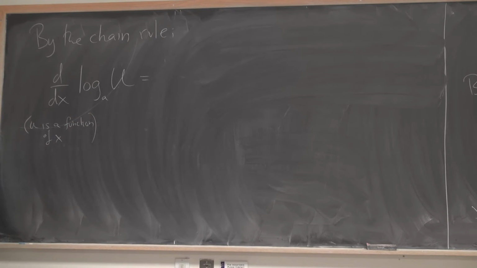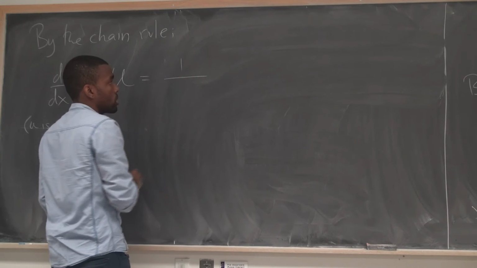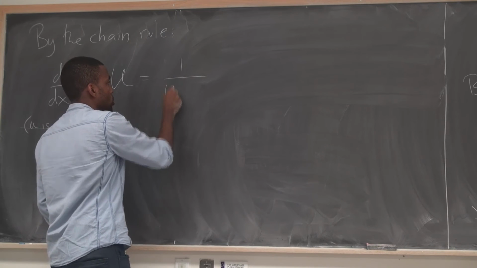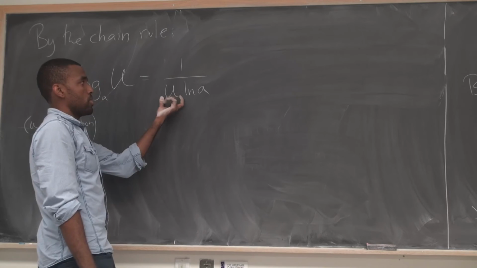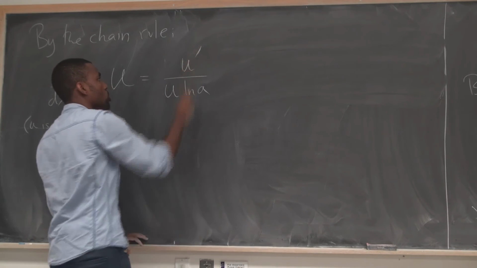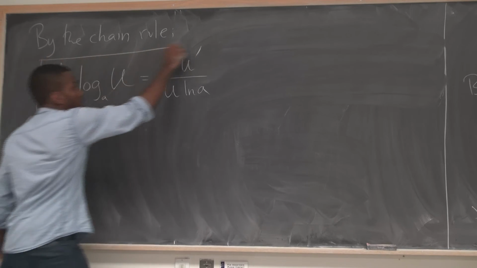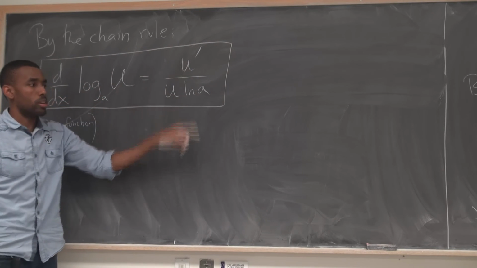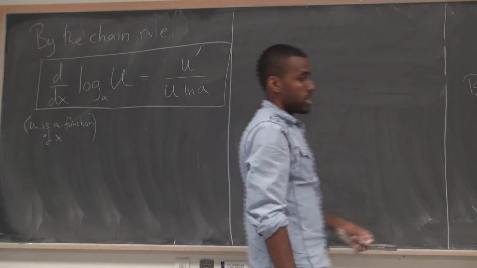What do you think the answer is going to be? 1 over u ln a times du dx. Derivative of the outside function multiplied by the derivative of this function. So I just make it u prime over u ln a. So that's the generalized version. It's probably better to memorize this than that, because if this is just an x, then x prime is just 1, and you end up with that formula over there. Okay.